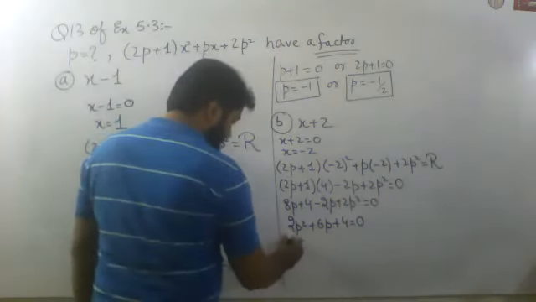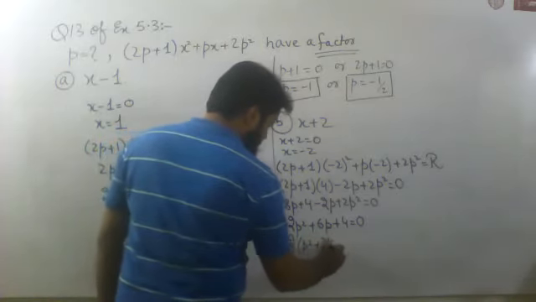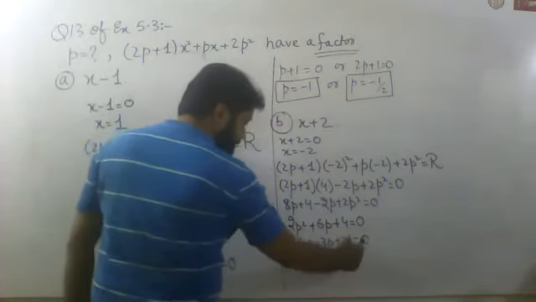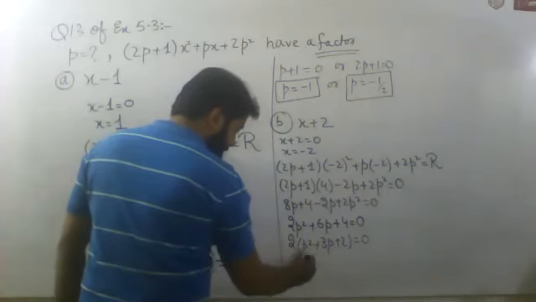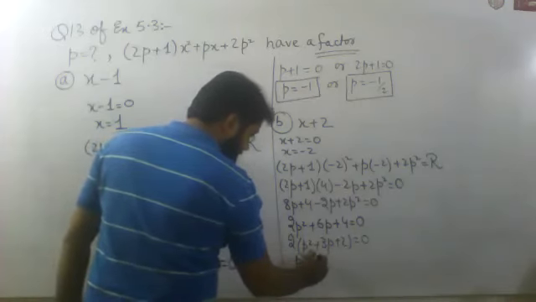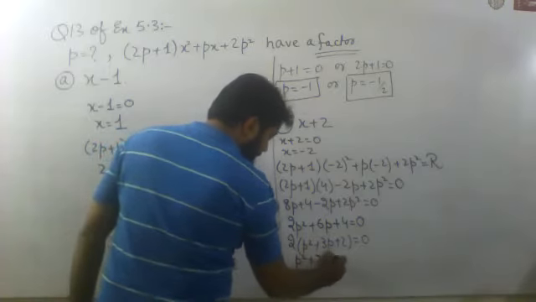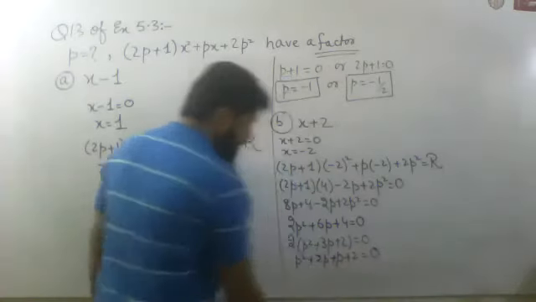and taking 2 common, p square plus 3p plus 2 equals to 0. 2 will be shifted over here, so that will be gone. Now middle term breaking, p square plus 2p plus p plus 2 equals to 0.